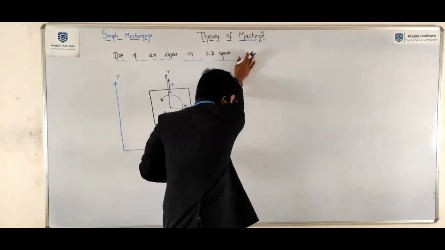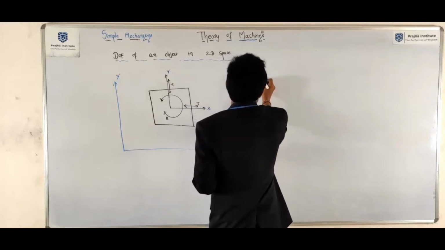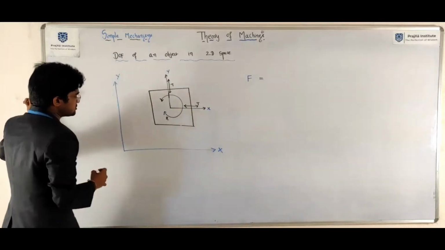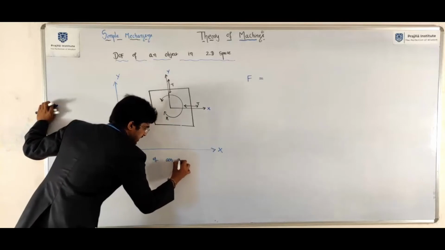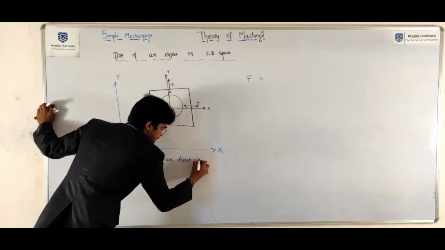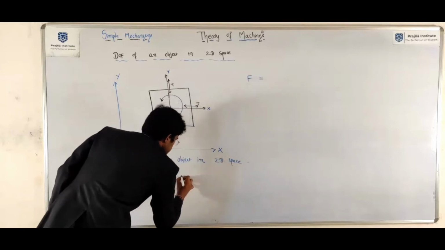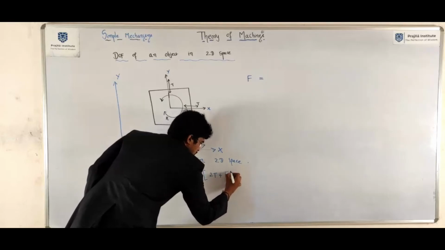Now, degree of freedom F: the total degree of freedom of an object in 2D space is equal to 3, 2 translations and 1 rotation.